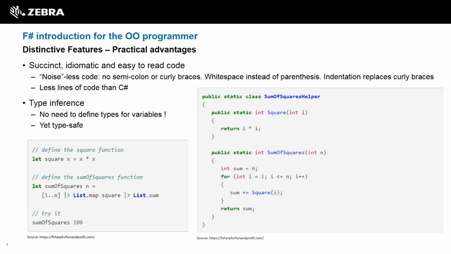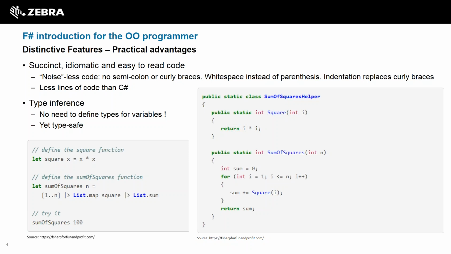So sum of squares is actually defined as the list of integers from 1 to n piped into the map function that takes square as a parameter and the list 1 to n as the second parameter. The result of this computation is then piped into the sum function.